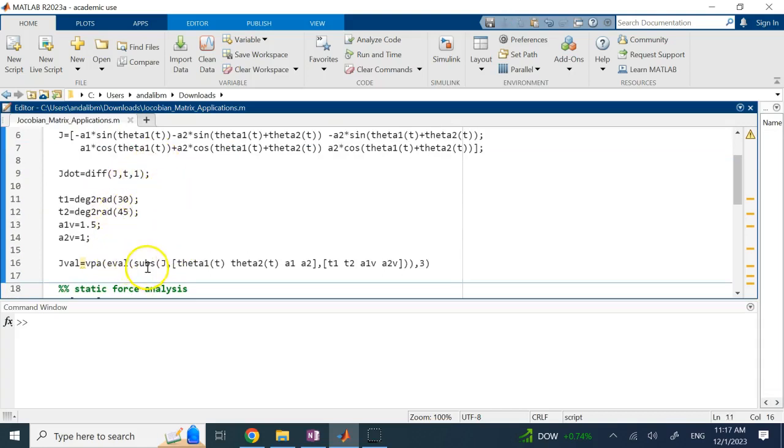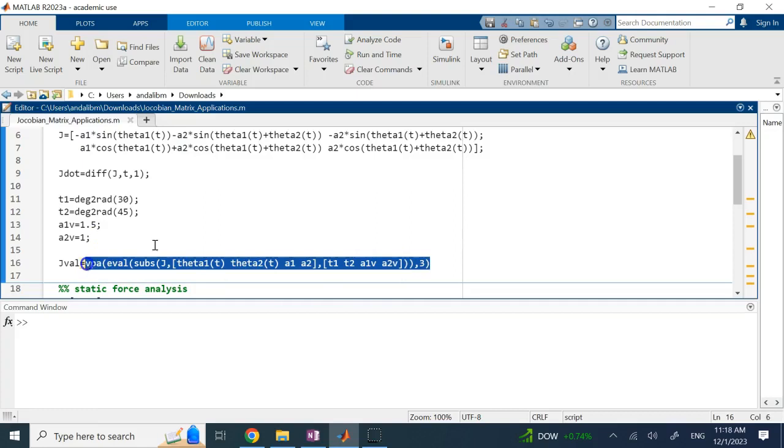Then I substitute into J for theta 1 of t, theta 2 of t, A1 and A2 these numbers. I use 30 degrees and 45 degrees. Of course, I convert them to radians because here I have sine and cosine functions, not sind and cosd. Then 1.5 and 1, I replace A1 and A2, so I do a substitution. It's going to be symbolic, so I use the eval command, and then I use vpa to convert it into a numerical number.